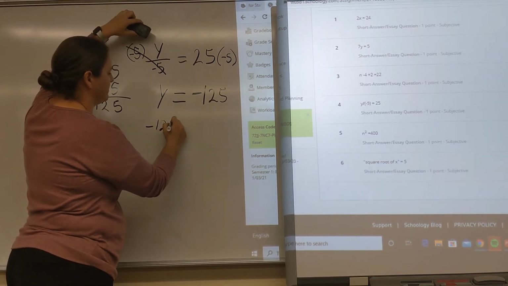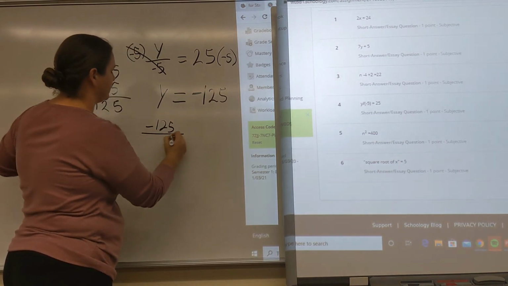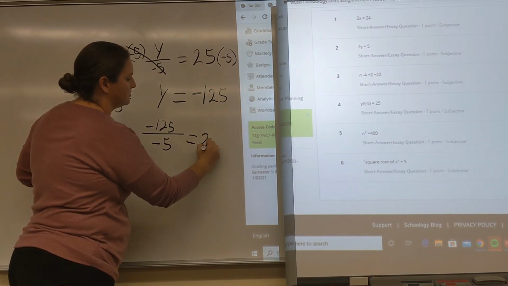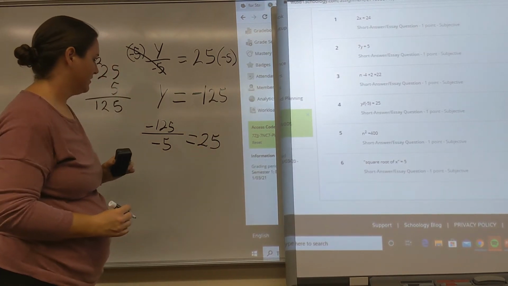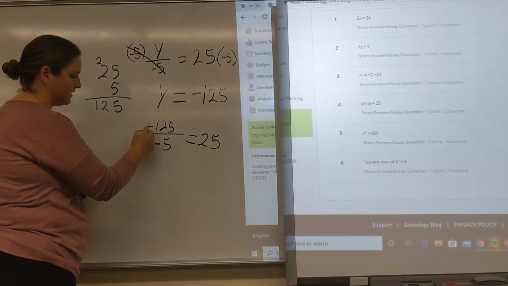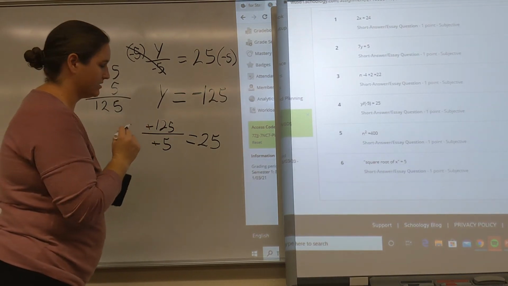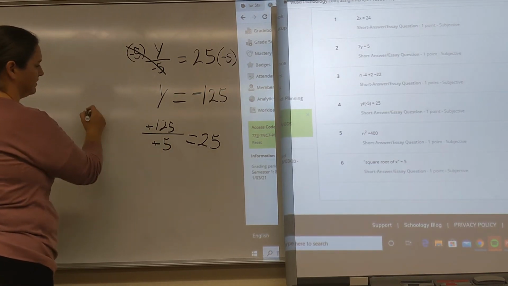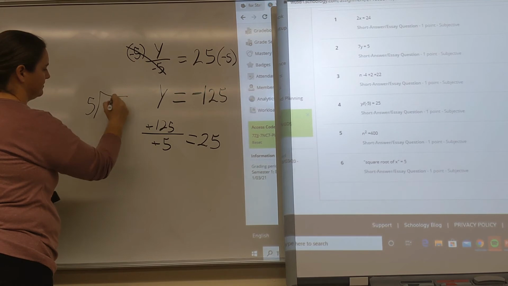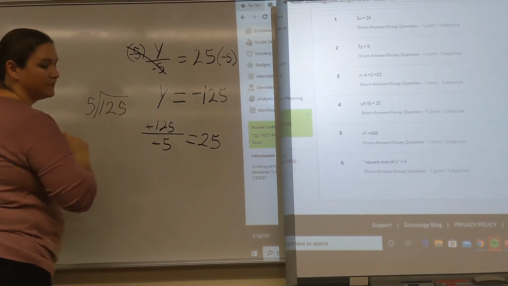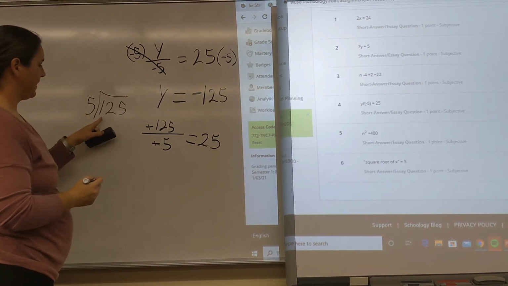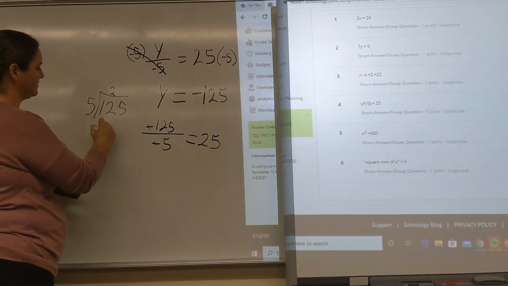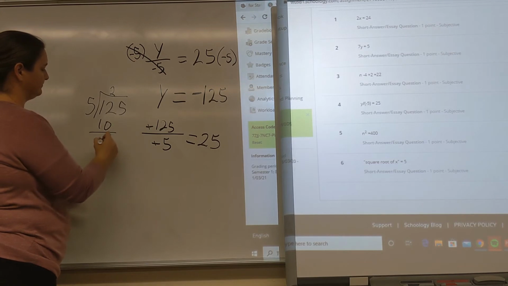Let's check that. Negative 125, remember we plug it into our original formula, divided by negative 5 equals 25. Let's give it a try. These negative signs here are going to cancel each other out. What is 125 divided by 5? 5 goes into our 12 here, 2 times, gives us a 10.